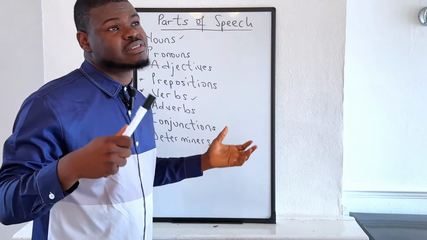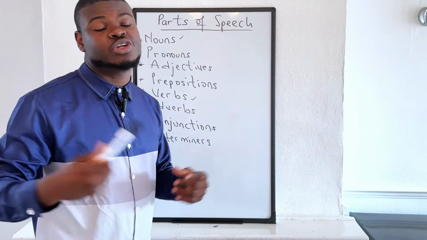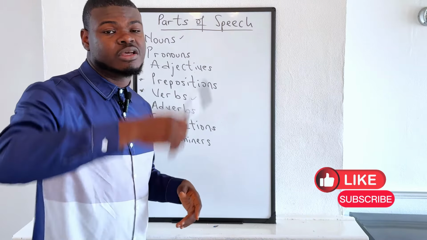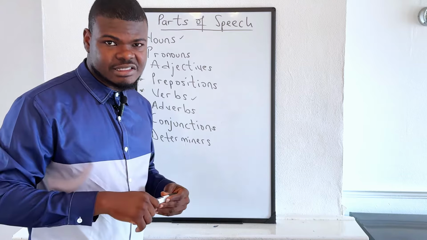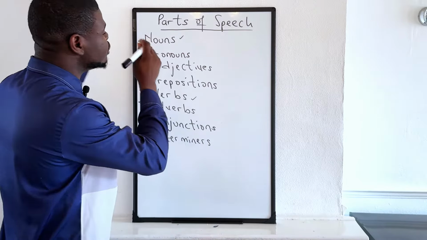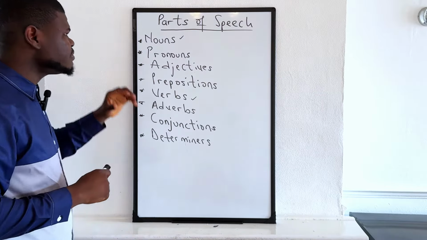Well, verbs can actually even be more important than nouns because you could make commands without necessarily using nouns, like go, sit. Do you understand that? So let's dive into the topic fully. Now let's start with nouns.